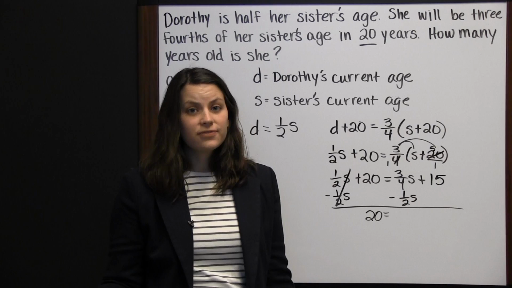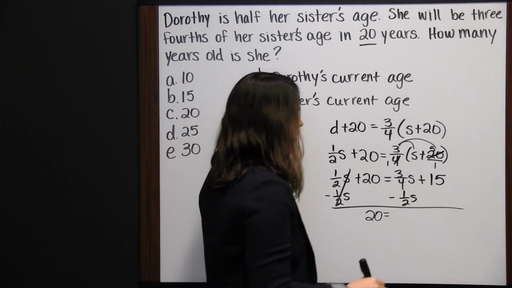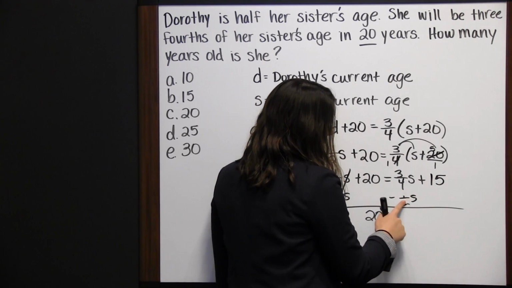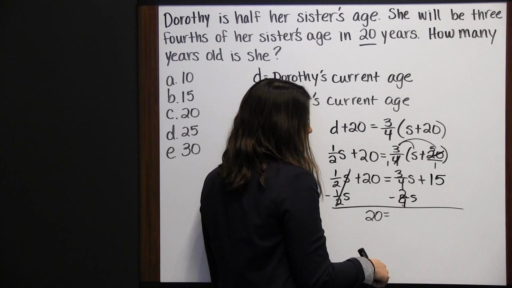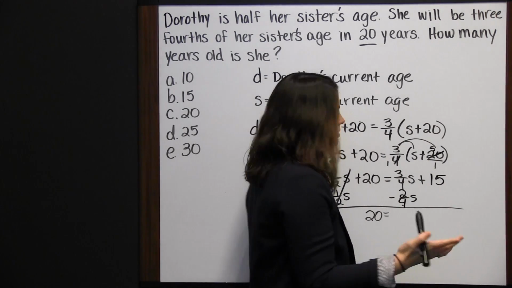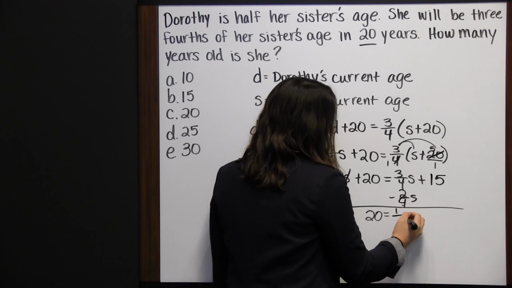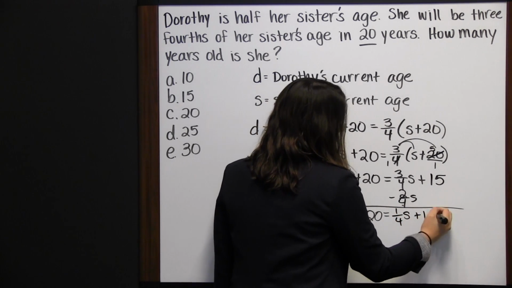Now, to subtract fractions, I have to have common denominators. So 1/2 is also 2/4. So I'm going to change 1/2 to 2/4 so that I can subtract these. And then when I subtract, you just subtract the numerators. 3 minus 2 is 1, and your denominators stay the same, 1/4 S, plus 15.